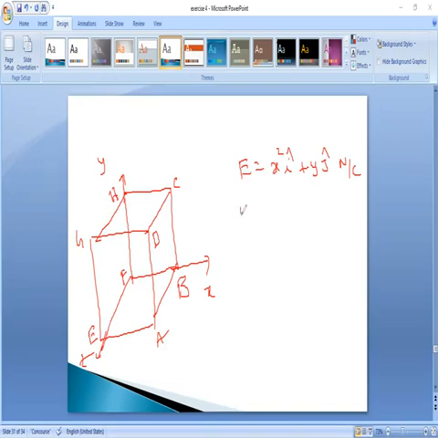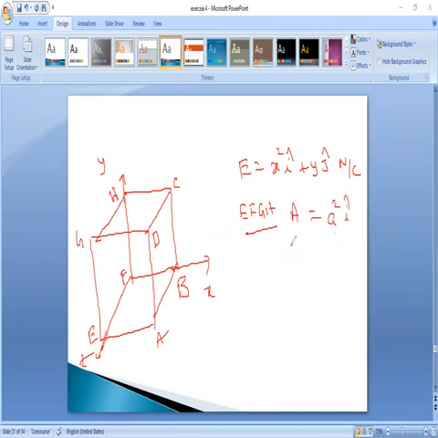Let me see the first surface, that is EFGH. For the surface EFGH, see here what will happen. Any information given for area? Each side length is A, given. So area in each case will be A square only. In the case of EFGH, what is the direction of area? Along i cap. So if it is along the x-axis, area in this particular case will be A square into i cap.